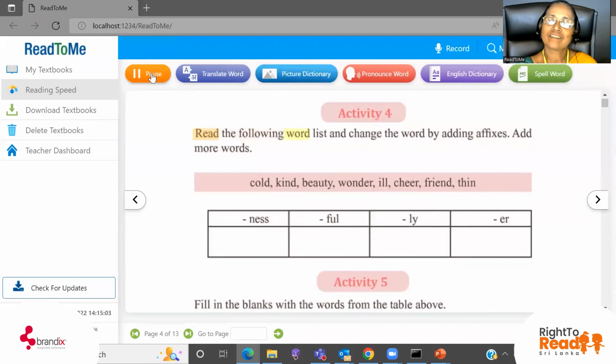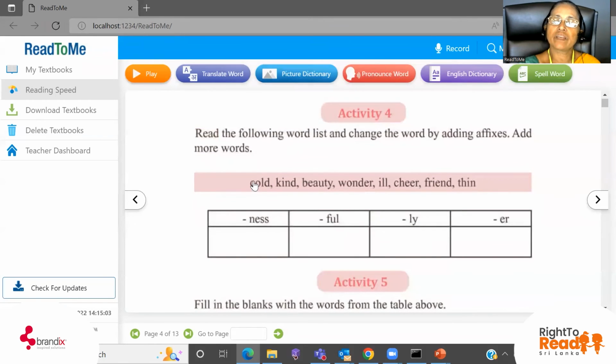Read the following word list and change the words by adding affixes. Add more words. Cold, kind, beauty, wonder, ill, cheer, friend, thin. What are the words? Now you are going to add affixes to the following words.